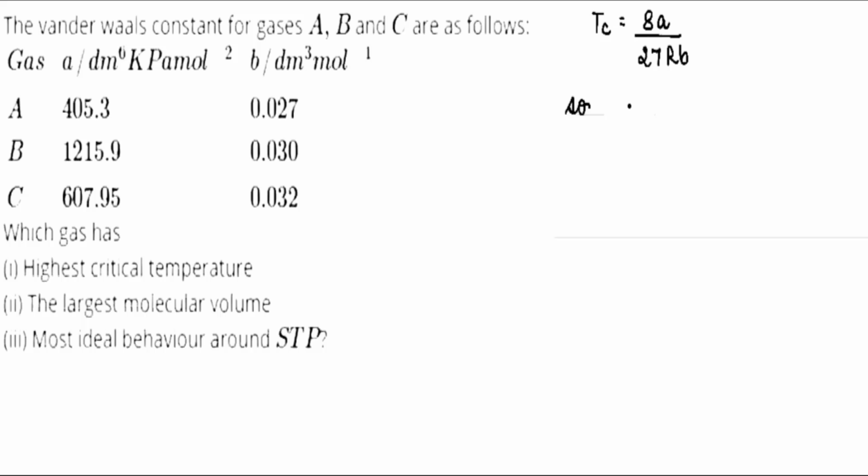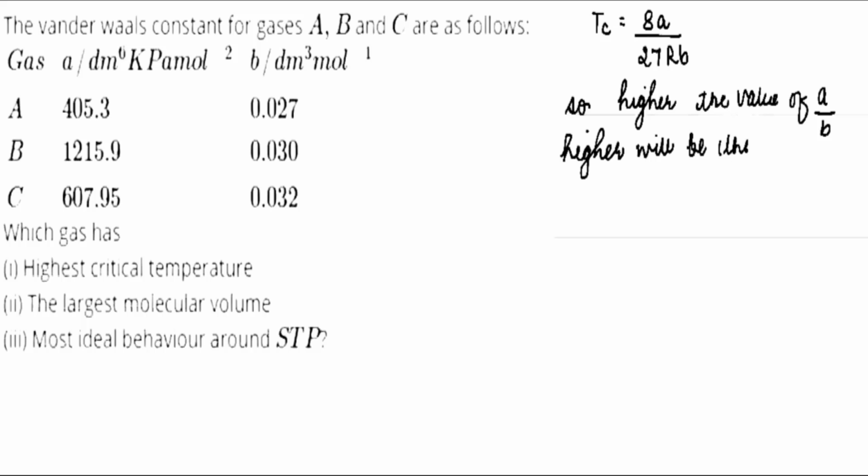So the higher the value of the A by B ratio, the higher will be the critical temperature.